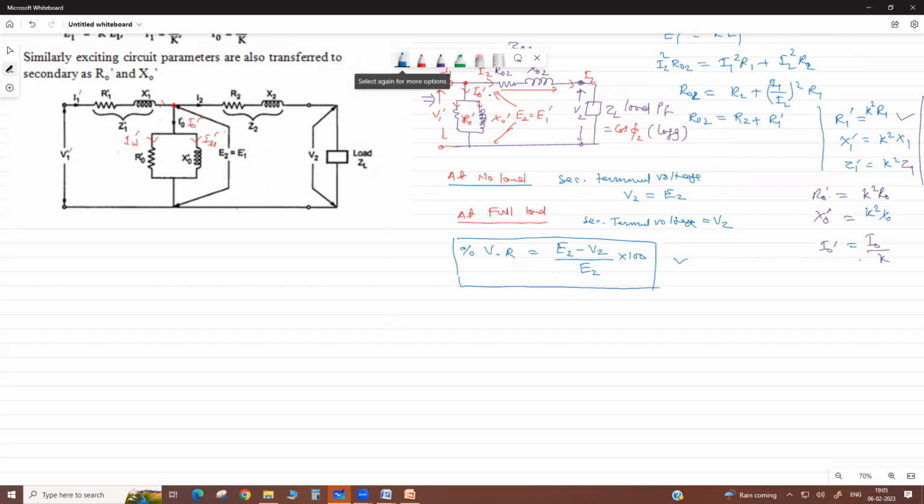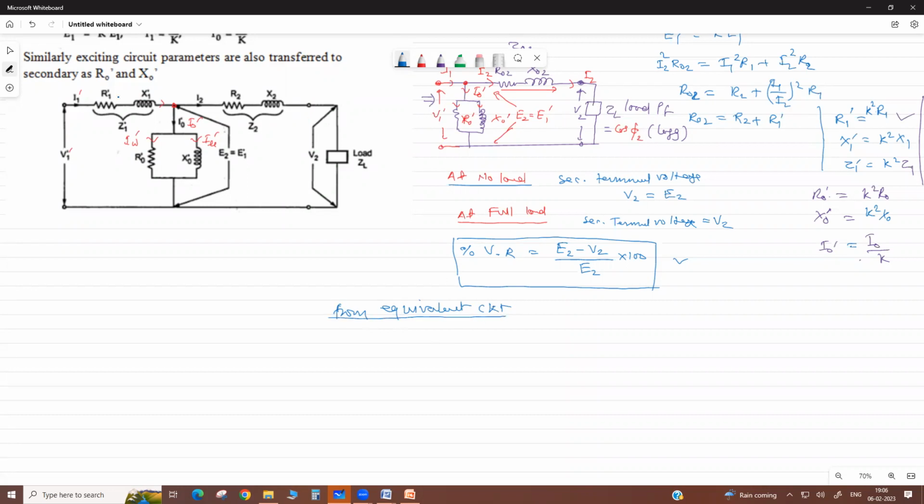Now we draw the secondary-referred equivalent circuit phasor diagram. From this total equivalent circuit, we draw the phasor diagram.